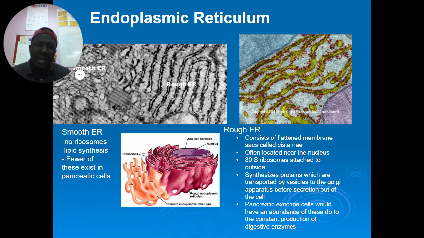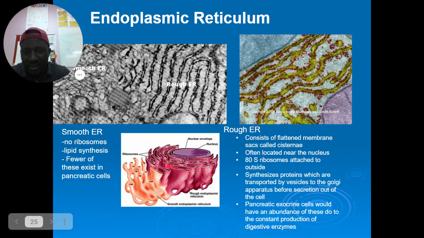The endoplasmic reticulum consists of flattened membrane sacs, as we saw in the mitochondrion. These flattened sacs are called cisternae, and are often located near the nucleus. As you can see, they actually mark the end of the nuclear membrane.